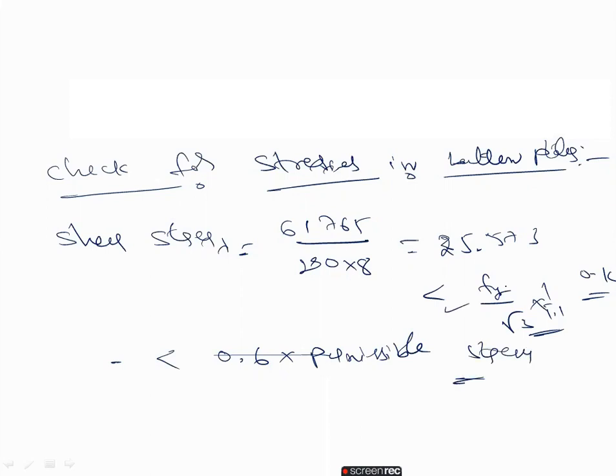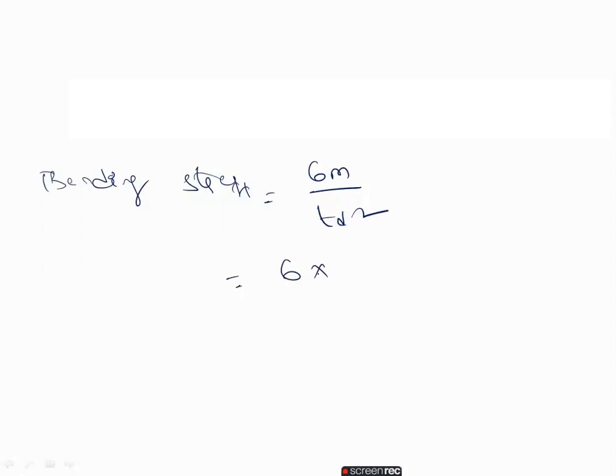Next, bending stress. For the bending stress we have a formula, that is 6M by td square. 6 into M we know already, that is 105,000,000.